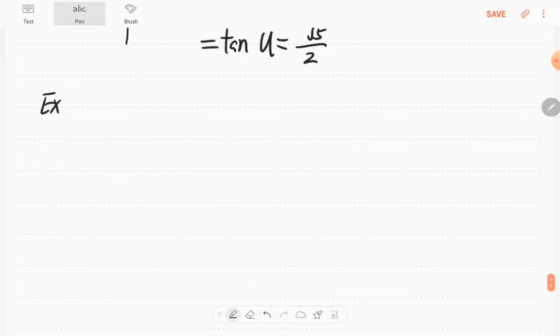Another example: cosine of arc sine of -3/5.